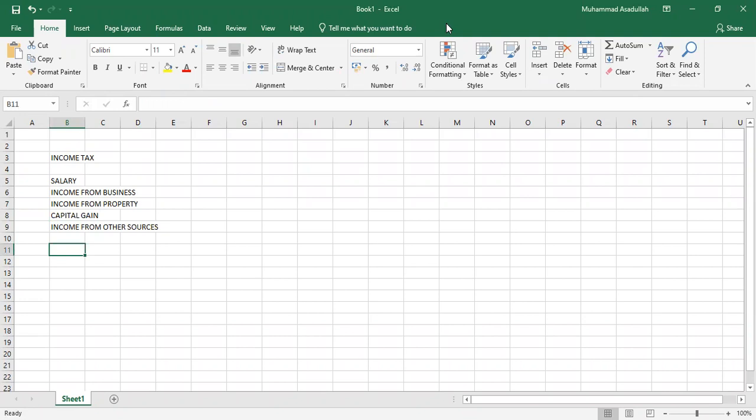So let's begin with income tax rules under the head of salary, because salary is the most common head of account. Most people are doing employment somewhere, doing a job, so a certain amount of tax is deducted from their salary each month, and they have to file a tax return.